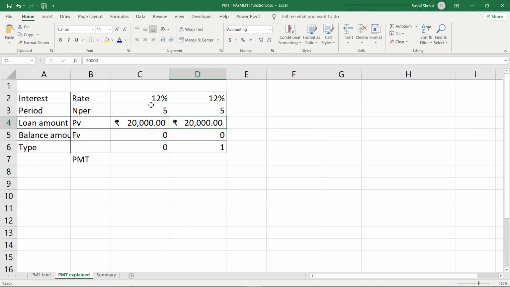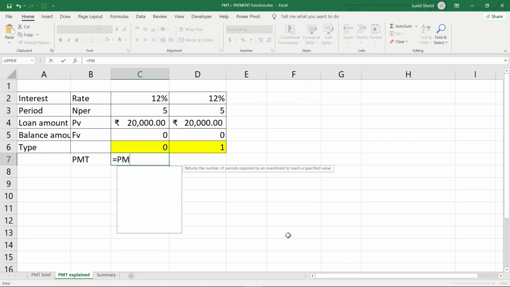I have mentioned the values as 12% interest rate, Nper is 5, that is 5 years, and the loan amount is 20,000. The FV naturally has to be 0, and here I have made two columns, C and D, with type as 0 and 1. What difference does it make with 0 and 1? Let us get on to the function.